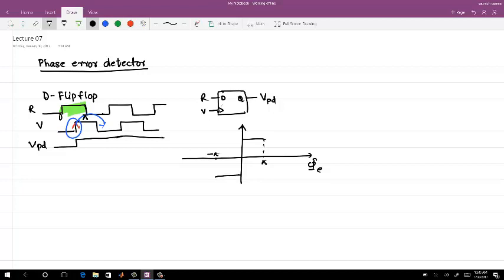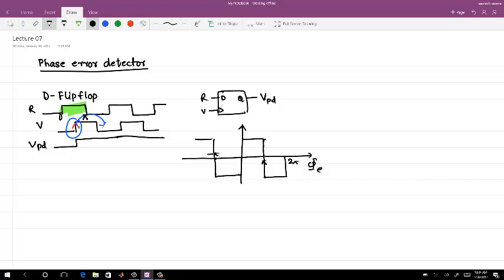And if the phase difference gets more than pi, from the characteristics you can say it will be something like this. So this only detects whether you are lagging or leading the edge.